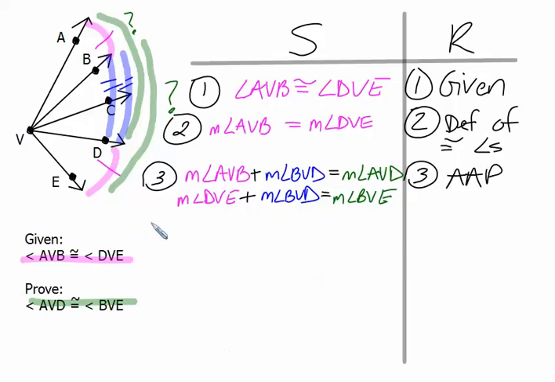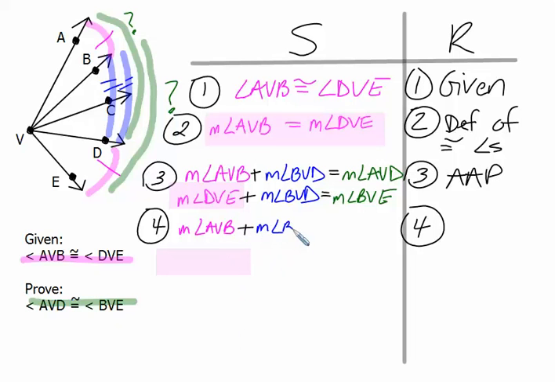Now look at where we're trying to go. We want to end up with basically the right-hand sides being the same. So we'd love to have these left-hand sides cancel. Watch this. We can replace DVE with AVB in the second equation, and we'll write everything else the same way it appears. So the top part of the equation, we're going to rewrite the same as it was, not changing anything.